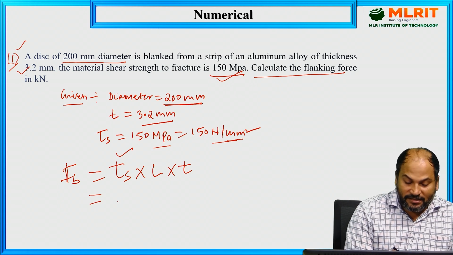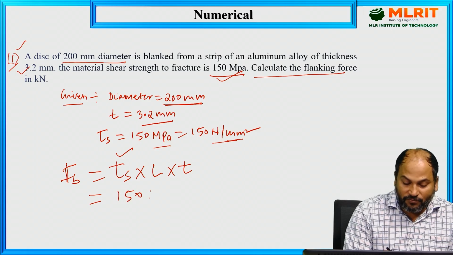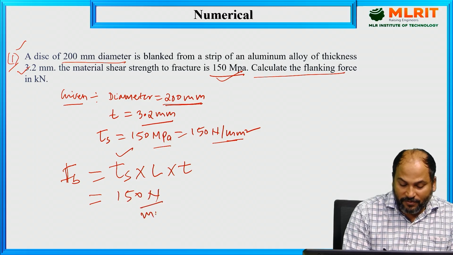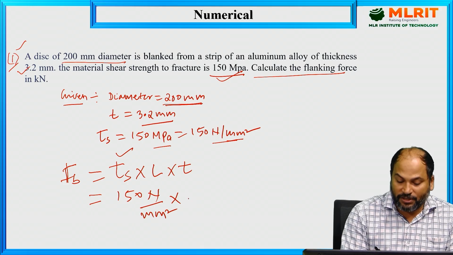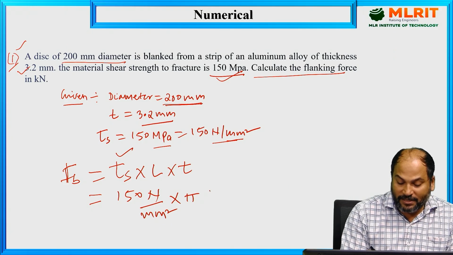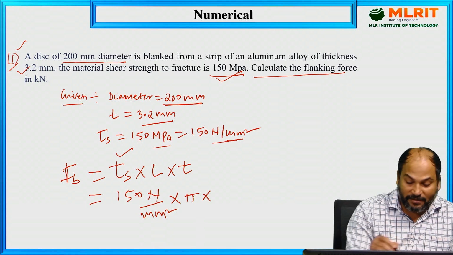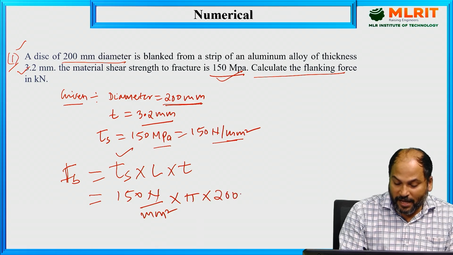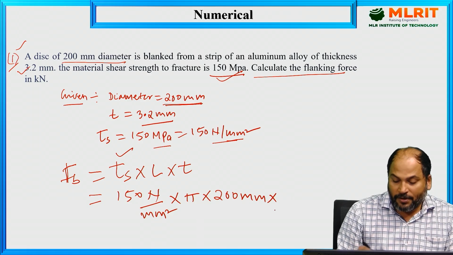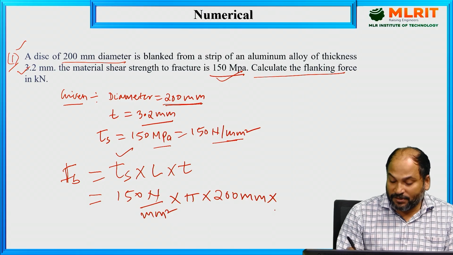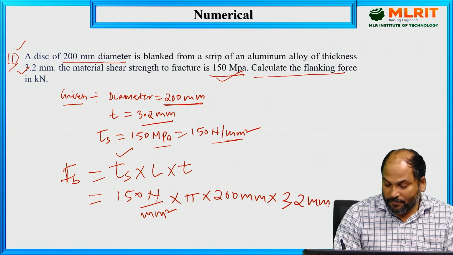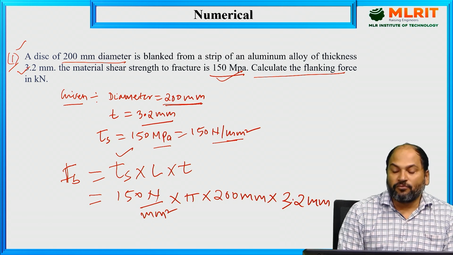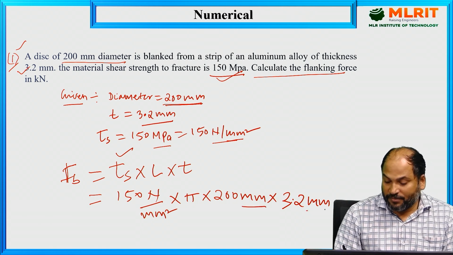The shear stress is 150 Newton per mm square, times the perimeter. The perimeter of a circle is pi times d, so it is pi times the diameter, which is 200 mm, times the thickness, which is 3.2 mm.